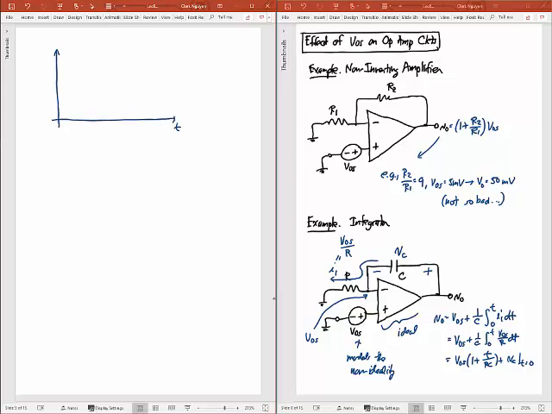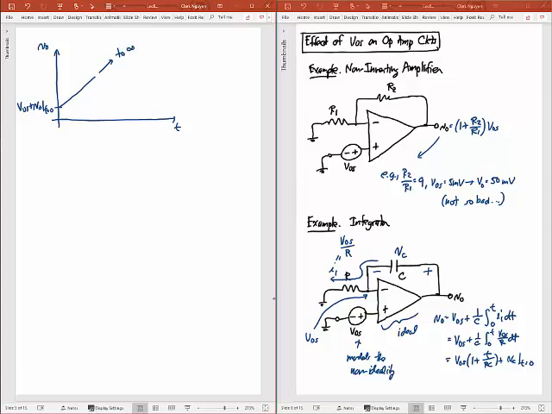That's time. That's my voltage. It would start at some voltage here initially. According to this equation, that would be VOS plus whatever that output is at T equals 0. Okay? And that would then rise. It'd start going up. And you see it goes as VOS times T over RC, and it just keeps going to infinity.